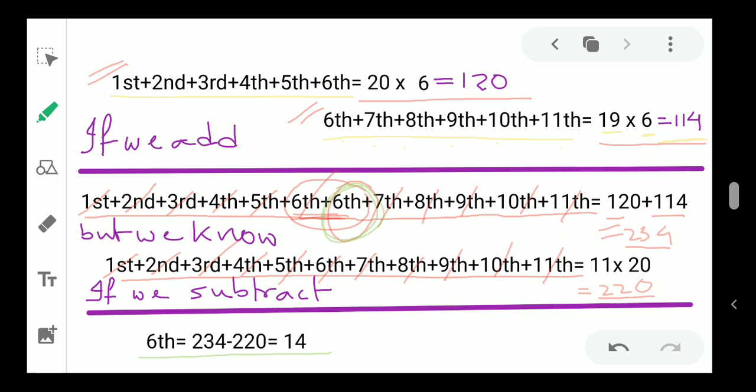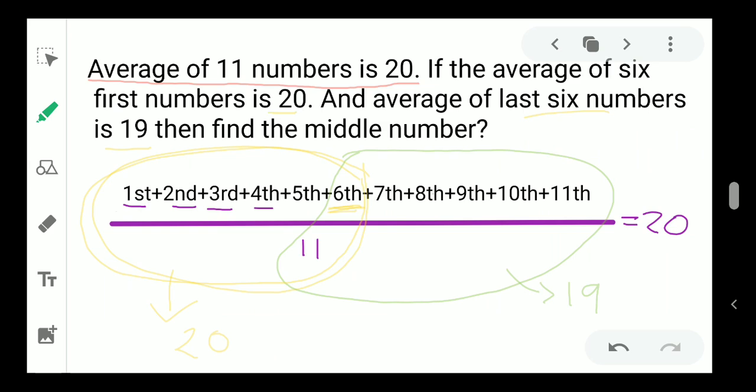Okay, this math is very challenging, right? But you can do it easily if you first write what you are given. That's why I have written the things that I am given, that is the 11 numbers, the number of items and my average.